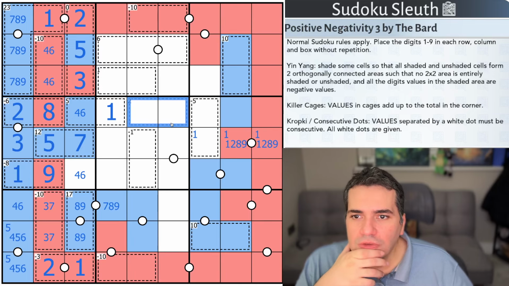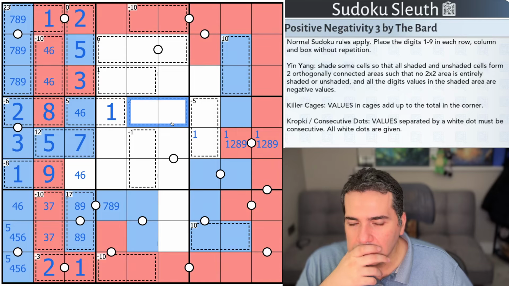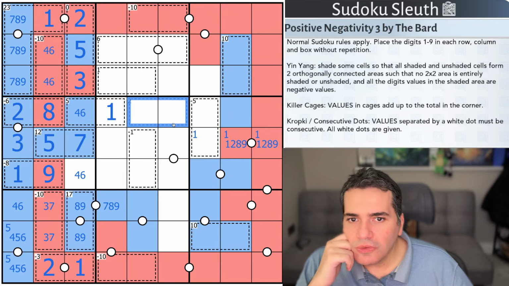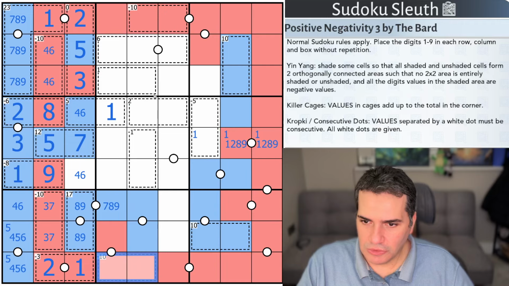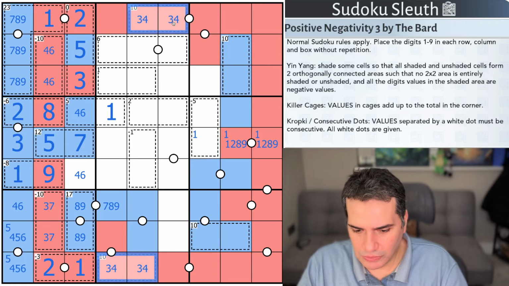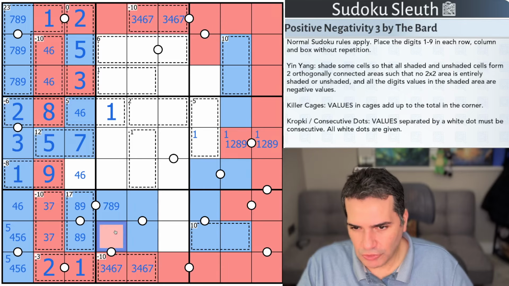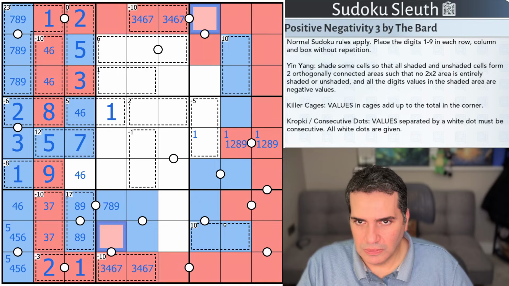Yeah, not a very useful pencil mark. Where am I going with this? Right, not keen. Absolutely not keen, but I am going to do this. 3, 4, 6, 7. Because we've got these white Kropki dots that may be helpful. So consecutive with 3, 4, 6, 7 is basically everything.